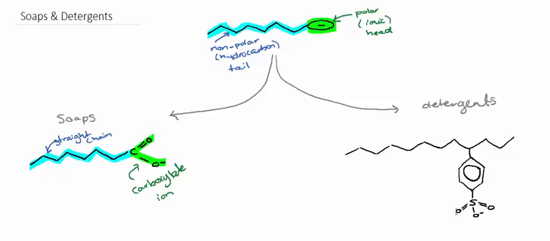In a detergent, the ionic head is a sulfonate ion. The non-polar component of a detergent also has a straight chain, but will often also include a branch and a benzene ring.